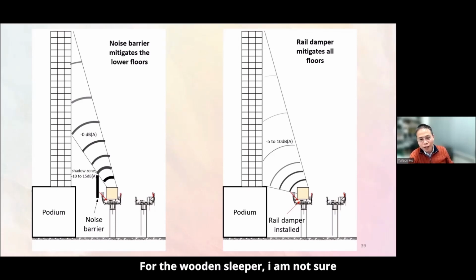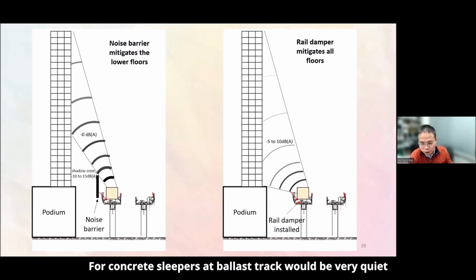For the wooden sleeper, I'm not sure what the rail pad stiffness is. Anyway, the wooden sleeper is less massive, so the energy dissipation would be less, and also maybe it is softer. So I have no idea on the rail pad stiffness on the wooden fastener, wooden sleeper. But concrete sleeper at ballast track would be very quiet.